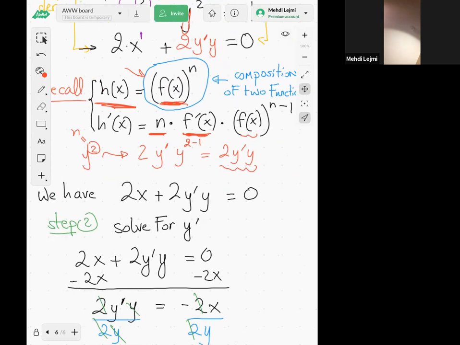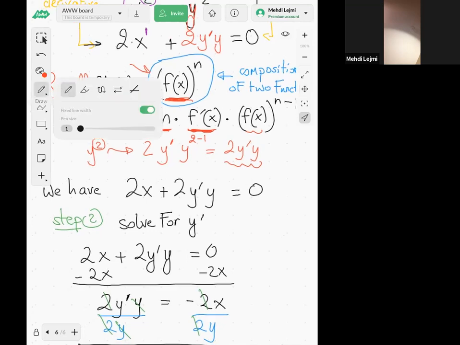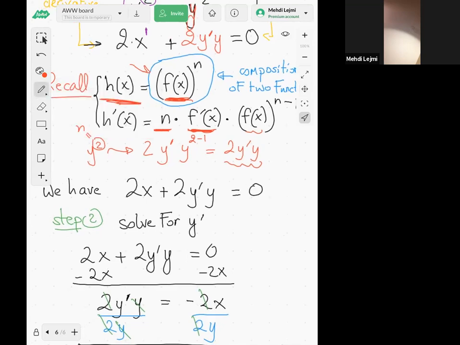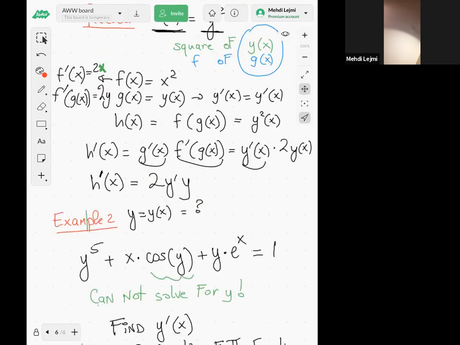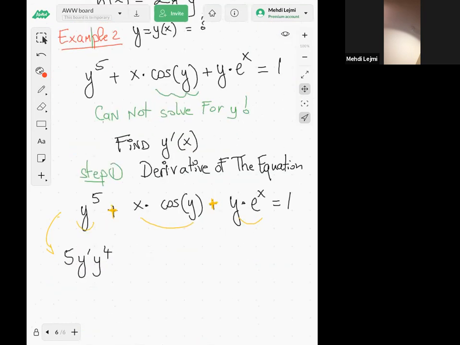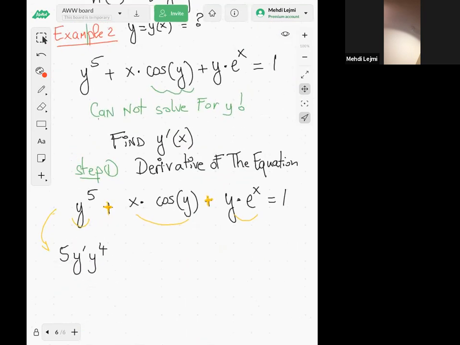So if you have y to the power 5, the derivative would be 5 here, y prime here, and here y to the power 5 minus 1, so that's y to the power 4. So yes, Ibrahima, that's 5y prime y to the fourth. Then we have a plus.